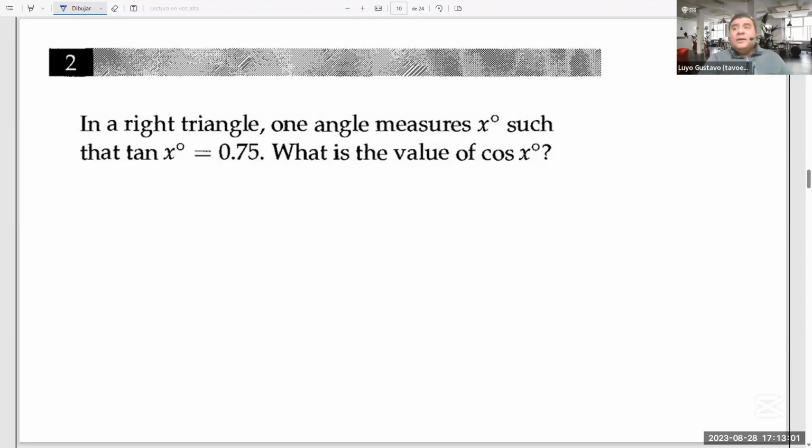Try to solve this one. Use what you already know about special triangles in order to help you build the tangent, okay? Remember that the tangent of an angle of a right triangle is always the quotient or the ratio of the length of the opposite side to the angle divided by the length of the adjacent side. So you can use this as a starting point.